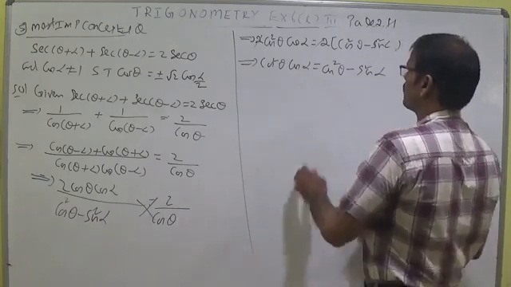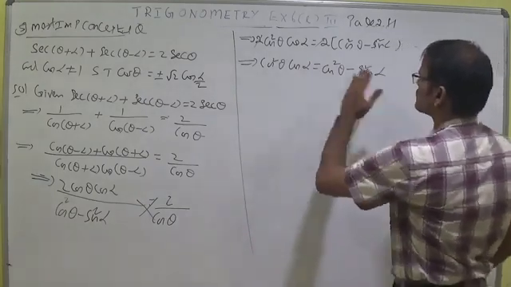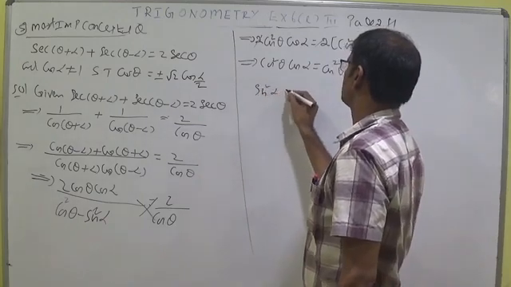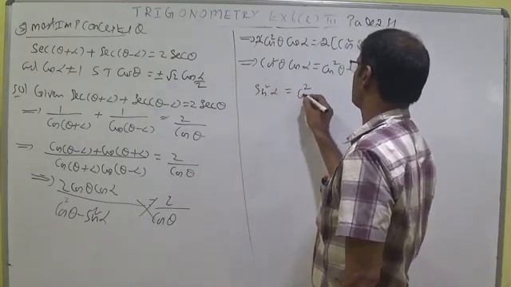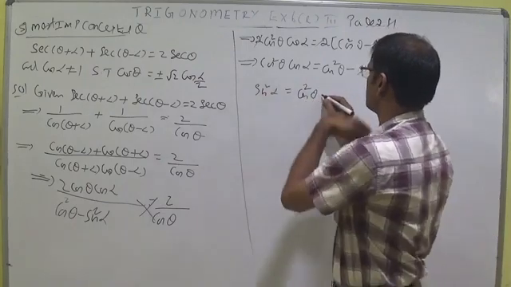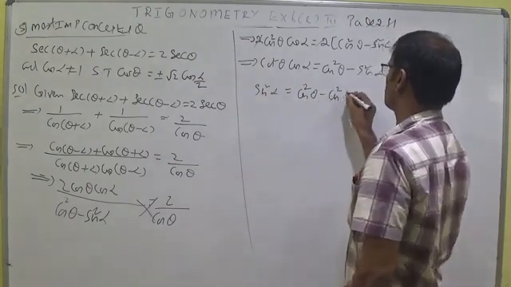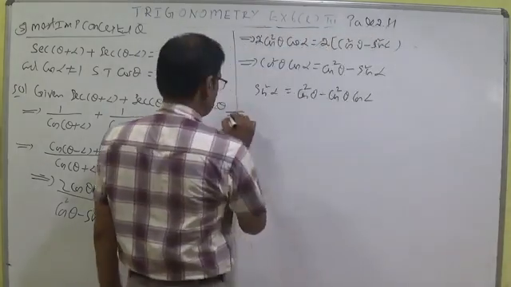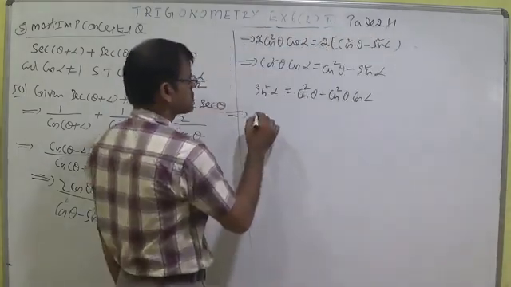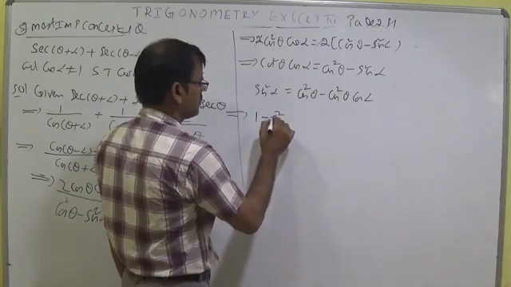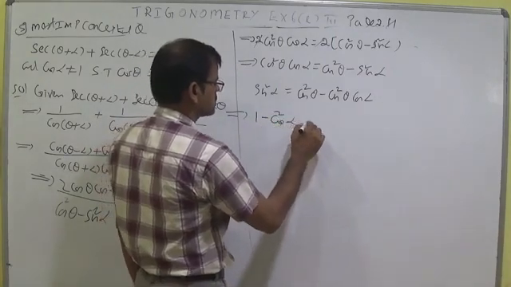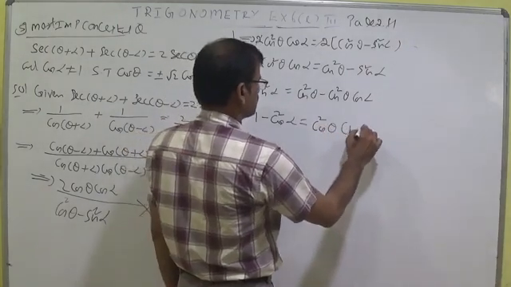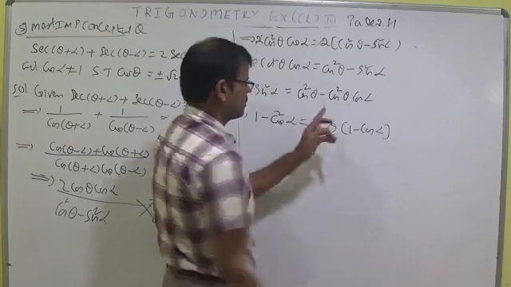This minus sin square alpha taken to the left side, right like this. Minus sin square alpha is equal to these terms taken this side: cos square theta minus cos square theta into cos alpha. That implies sin square alpha can be written as 1 minus cos square alpha, is equal to, here cos square theta taken common, right like this.